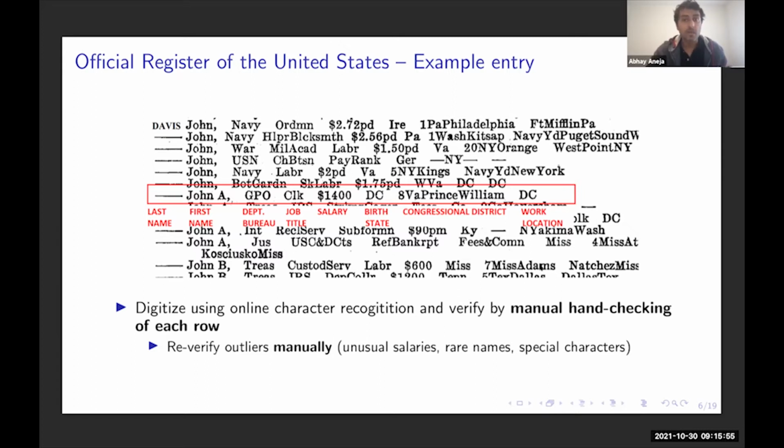So we see that he worked in DC. Essentially what we did here was a combination of OCR and manual checking. It took a chunk of time, but I think it allows us to track over time a good subset, and we think the universe, of civil servants in the U.S. in the 19 teens and early 20s.